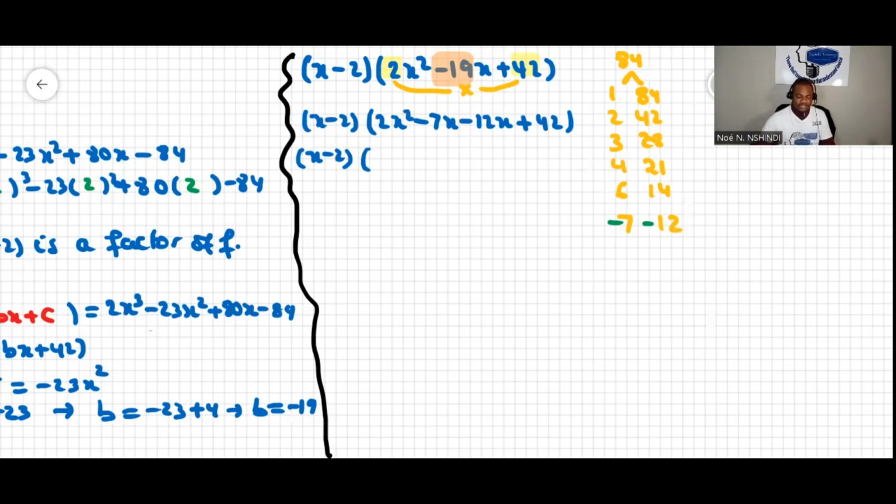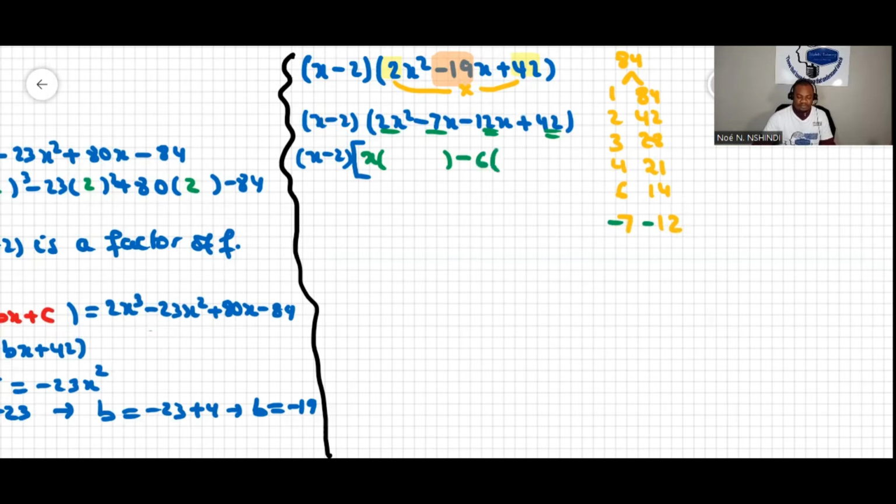Okay, so this will make x minus 2, and then on the right here is square brackets. What should be the common factor here? It's going to be x for the first two terms. For the last two, the common factor should be 6, so minus 6 there.